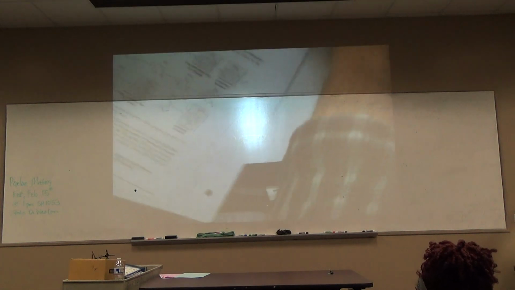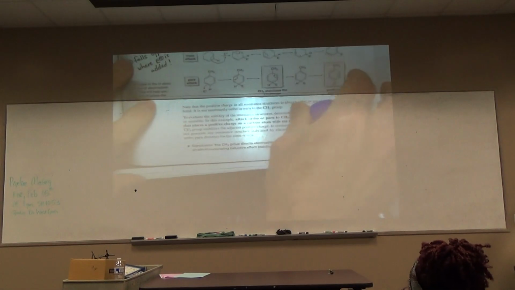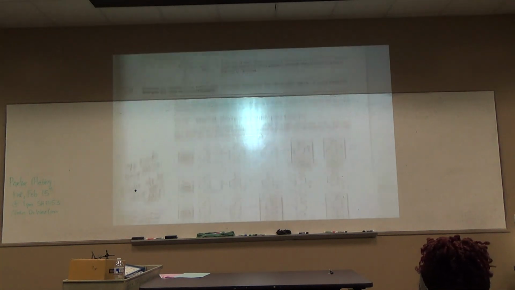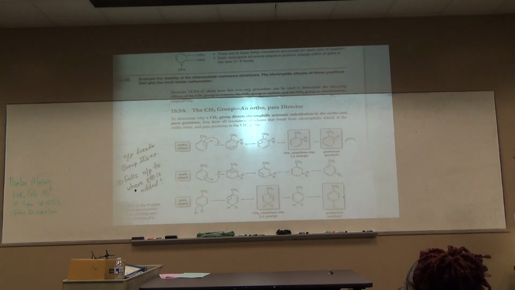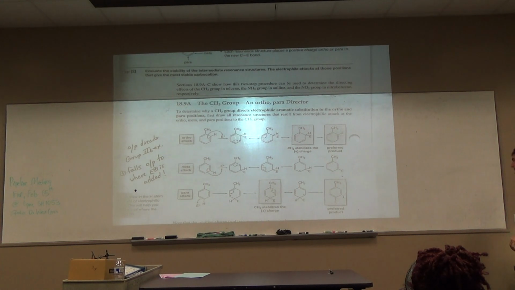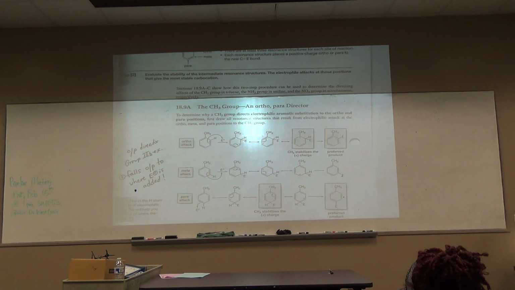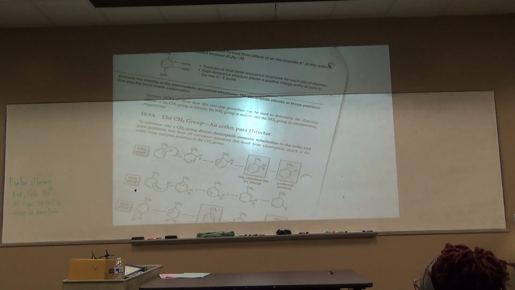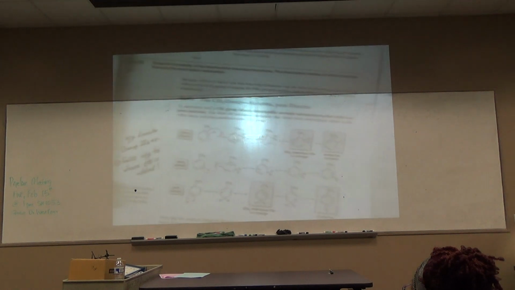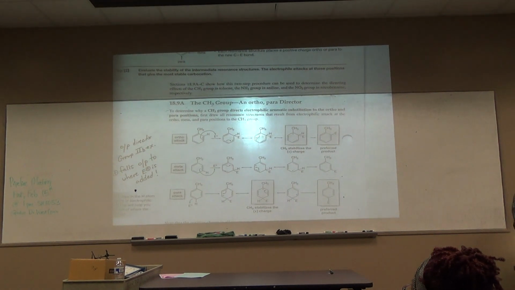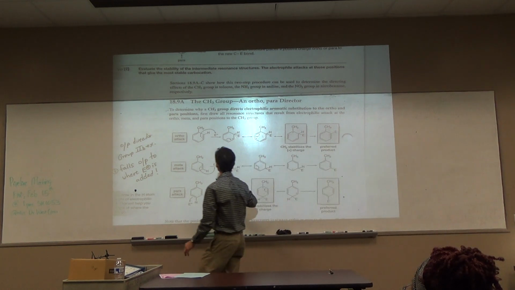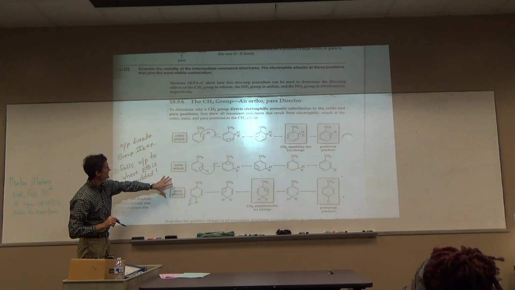Okay, why do these groups act as they do? Kind of because of the resonance we saw. We can look at the methyl group as an ortho-para director. There are three different attacks.